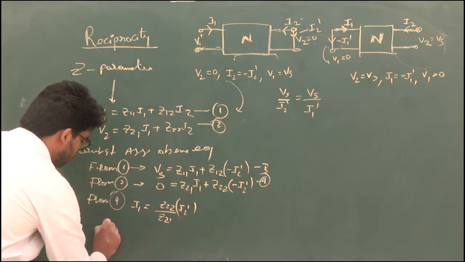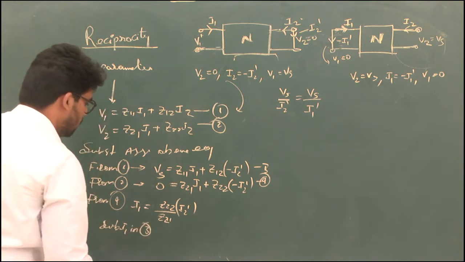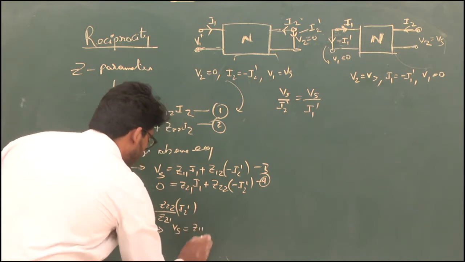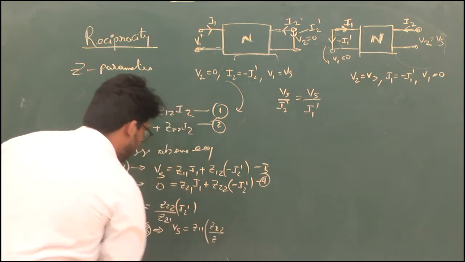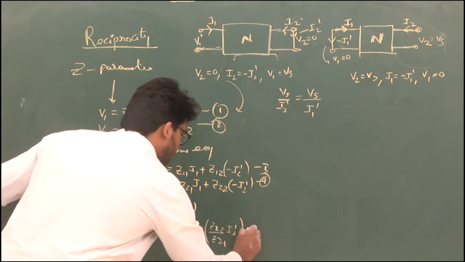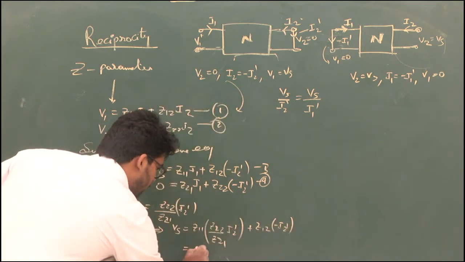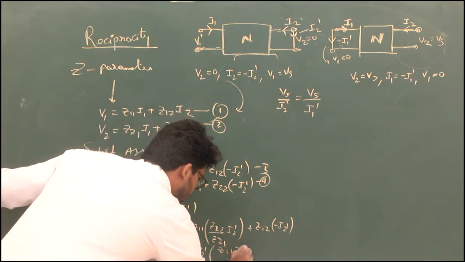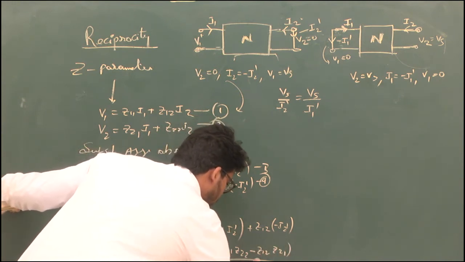So substituting I1 in 3, you will have Vs equal to Z11 times I1 replaced with Z22 by Z21 I2 dash, plus Z12 times minus I2 dash. Taking Z21 common, you will get Z11 Z22 minus Z12 Z21 by Z21.